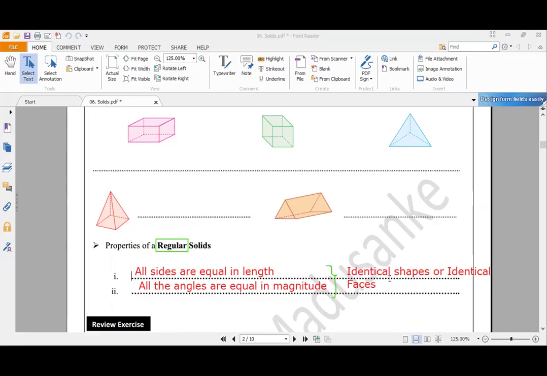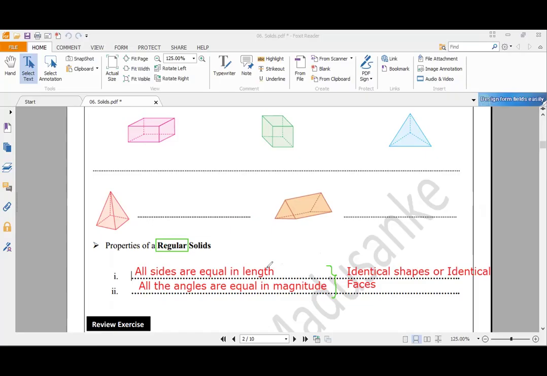I will explain this part when we have a question like this. Basically, any solid becomes regular if all sides are equal in length and all the angles are equal in magnitude.